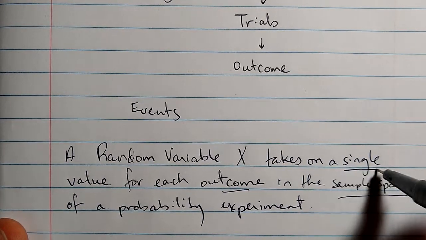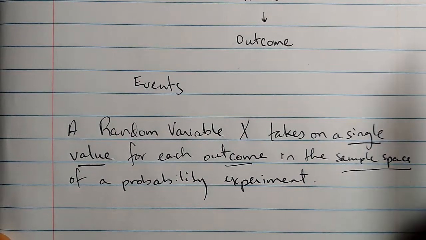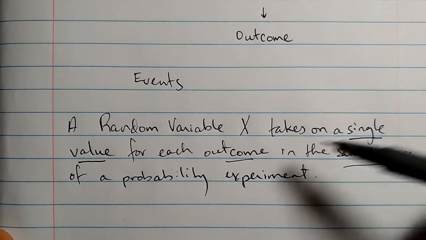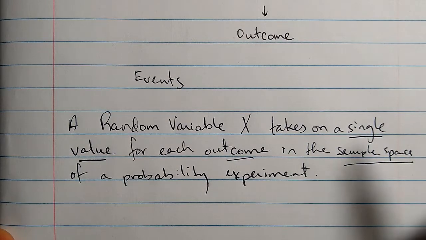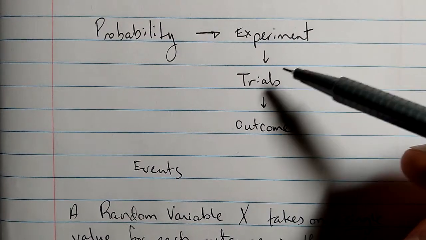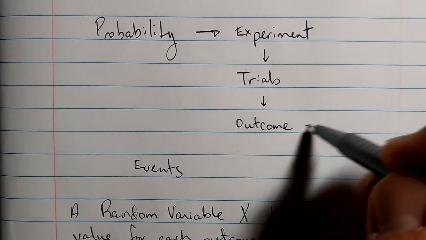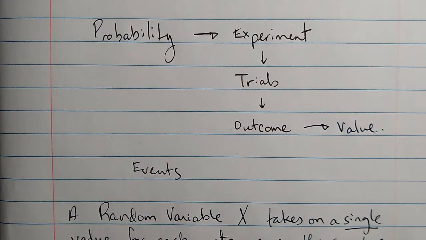So one value only, it takes on a single value for each outcome. Now that value can repeat, that is, more than one outcome might have a single value, that's going to be fine. So now we're going to add one layer to this experiment: trials, outcome, and each outcome on the side here also produces a value.